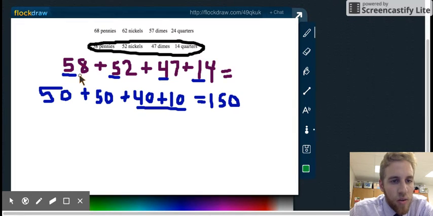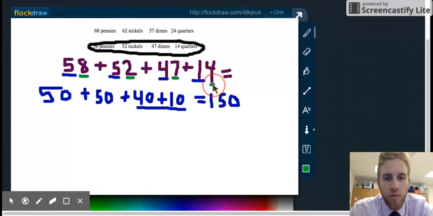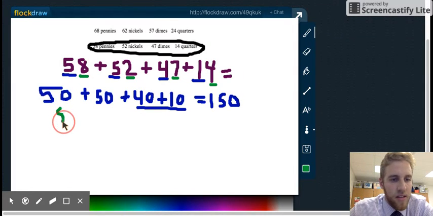Now looking at our ones place, I've got 8 ones, 2 ones, 7 ones, and 4 ones. So let's get those written down real quick too.